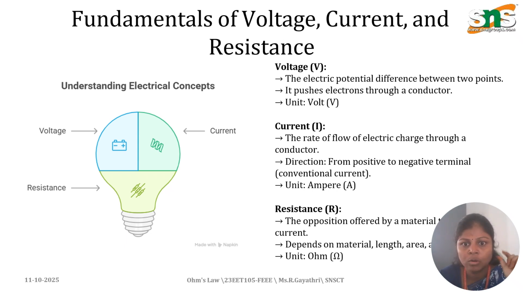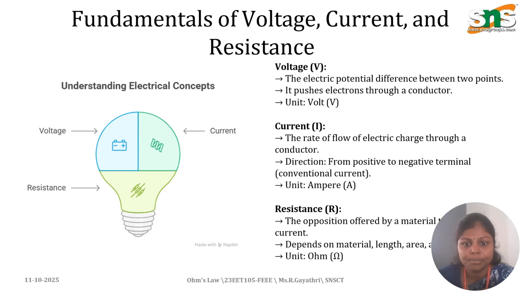The unit of voltage is volt, V. Current is the rate of flow of electrical charge through the conductor or material. The conventional current direction is from positive to negative terminal, and depending upon the voltage terminal the current direction changes. The unit of current is ampere, denoted by A.